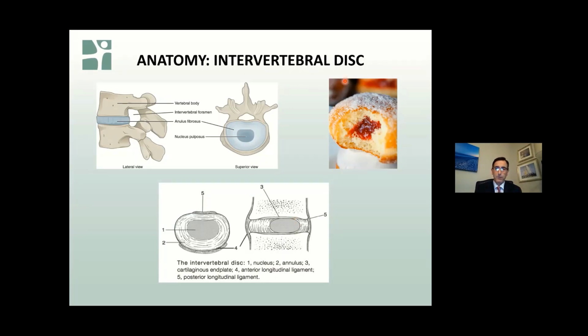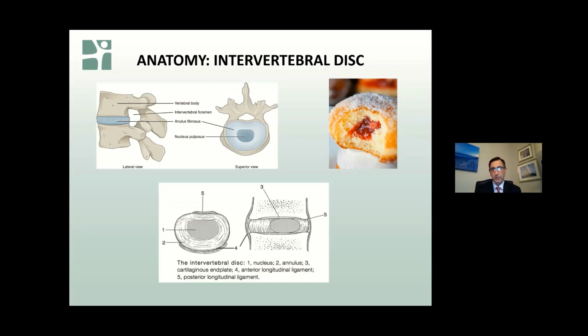And so a lot of people use the jelly donut analogy, which I don't really like, but I thought I would mention because people talk about it all the time. So, when people talk about a disc herniation, they talk about the jelly being the nucleus, and the donut part being the annulus.